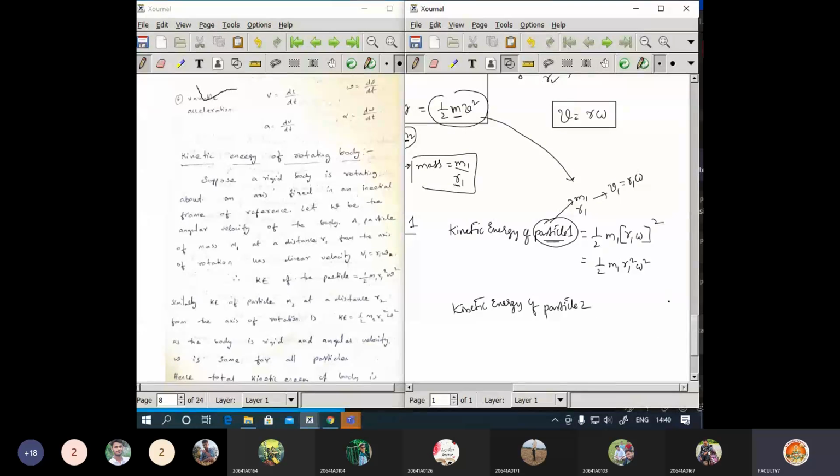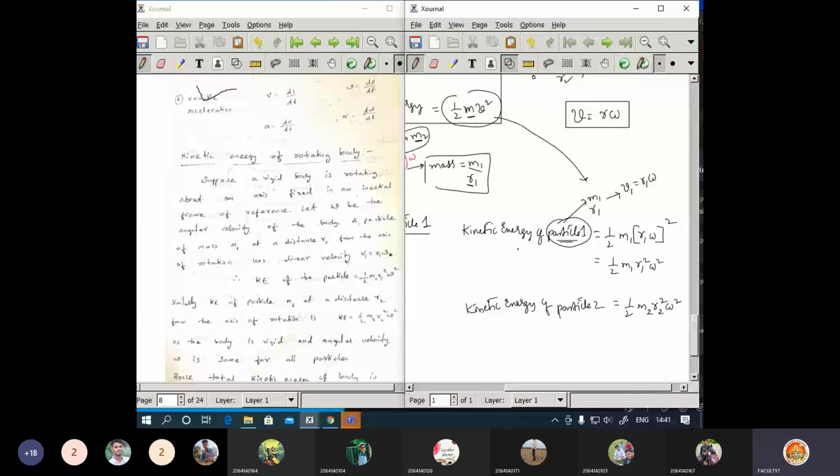Can you complete the expression here? Half m2 r2 square omega square. So here we got the expressions, and these two expressions are different, because m1 is different from m2, and r1 and r2 are different.